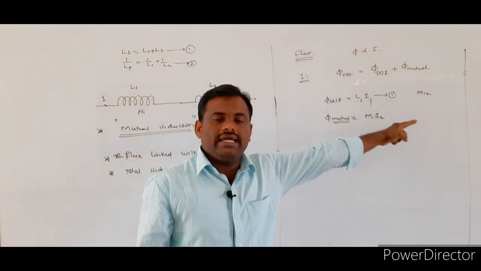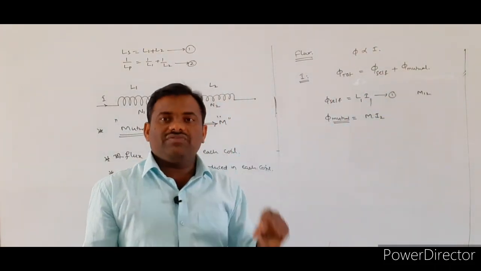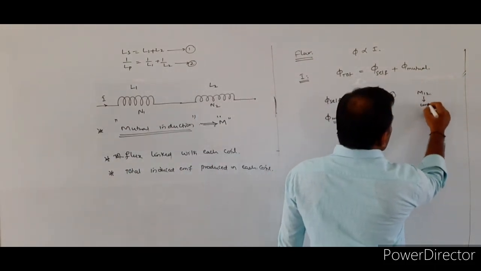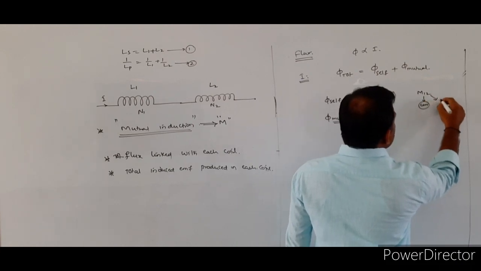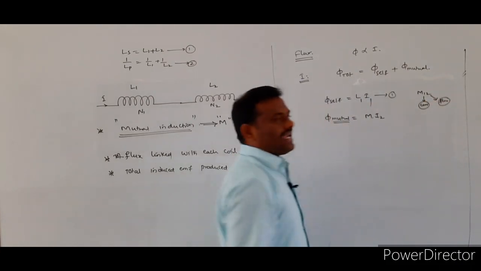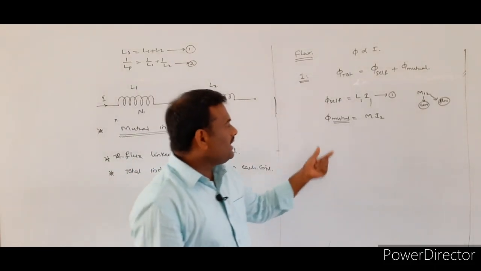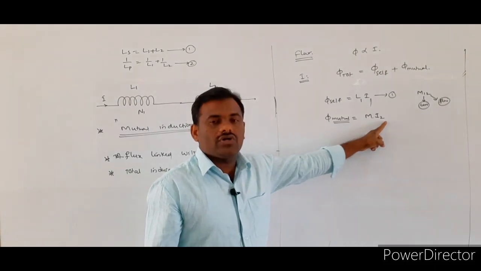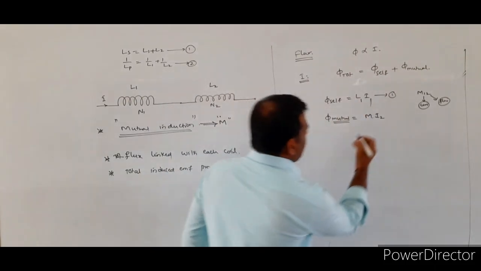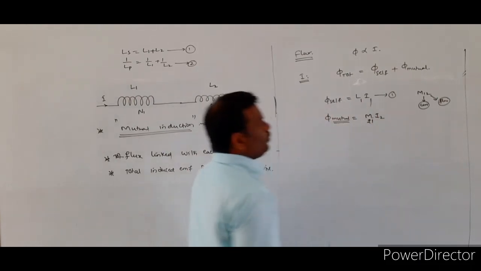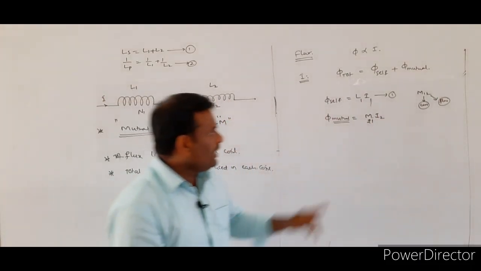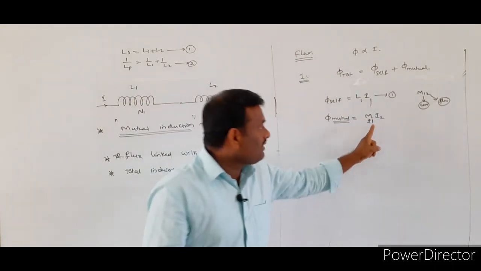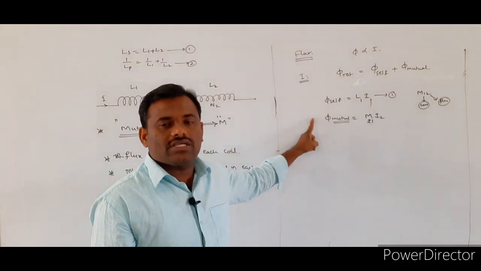M12 indicates the coefficient of mutual induction where 1 stands for the current passing through the first coil, and 2 stands for the flux developed in the second coil. So here, flux is produced in which coil? First coil. Current is passing in which coil? Second coil. So here I will put M21. Here 2 denotes that current is passing through the second coil, and flux is produced in the first coil.